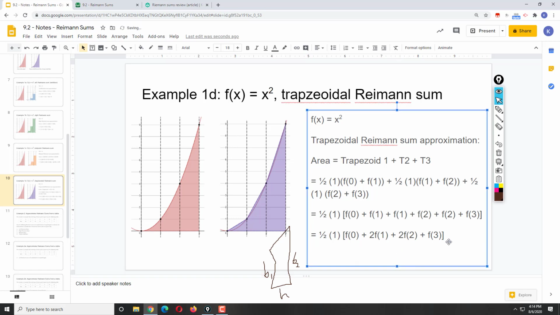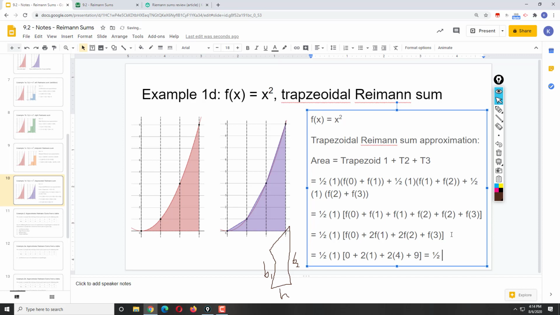because we use them for two different trapezoids. Okay. So that's going to be equal to 1/2 times 1 times f of 0, which is 0, plus 2 times f of 1. f of 1 is 1 because 1 squared is 1, plus 2 times f of 2. f of 2 is 4 because 2 squared is 4, plus f of 3, which is 9, because 3 squared is 9.